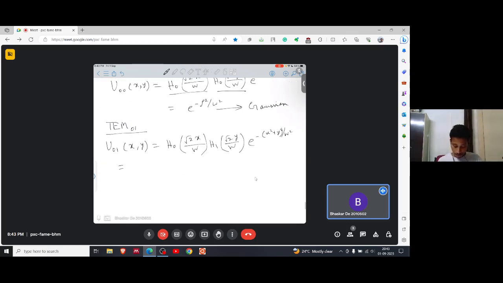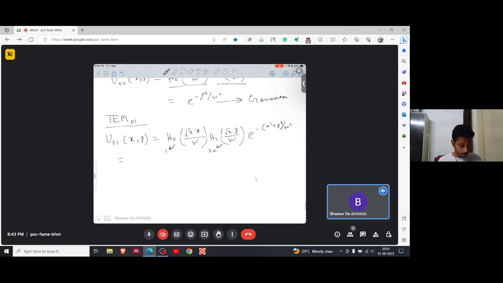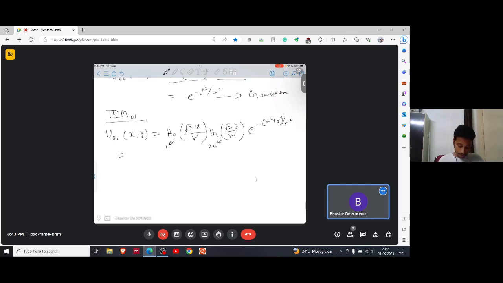So from here we will have a 1, from here we will have a 2u thing, where u will be replaced by root 2 y by w, so it will be 2 root 2 y by w e to the power minus rho square by w square.